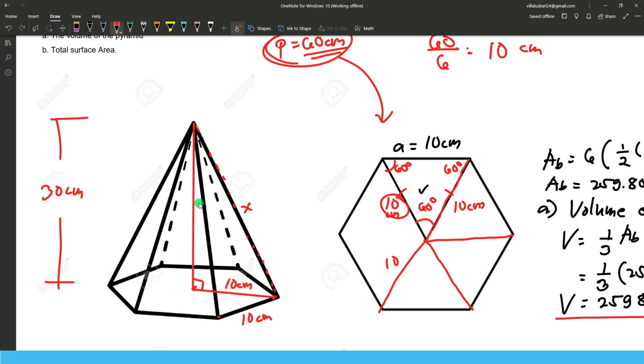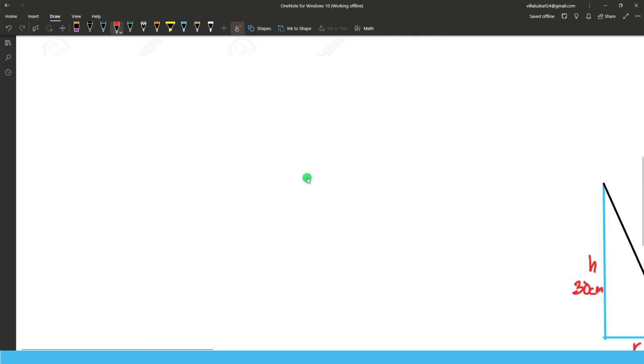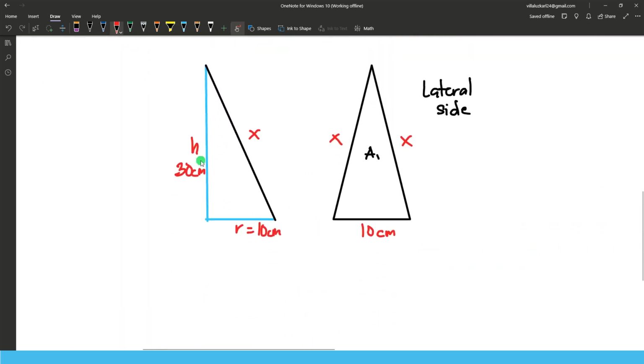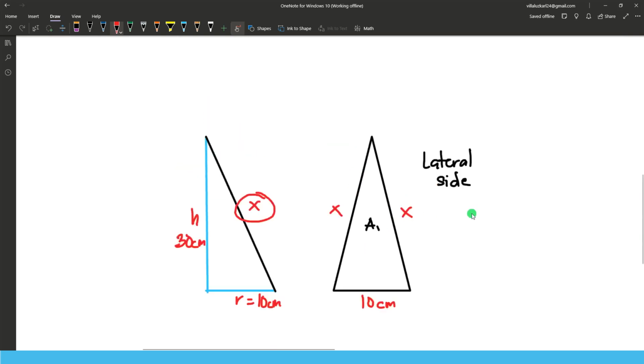So using this right triangle, we can solve x. We know this distance here, the altitude h, which is 30 centimeters. So focusing on the triangle, we have h 30 and r 10, we can determine x. After that, we will focus on the lateral side, where both sides are x and another side is 10 centimeters.